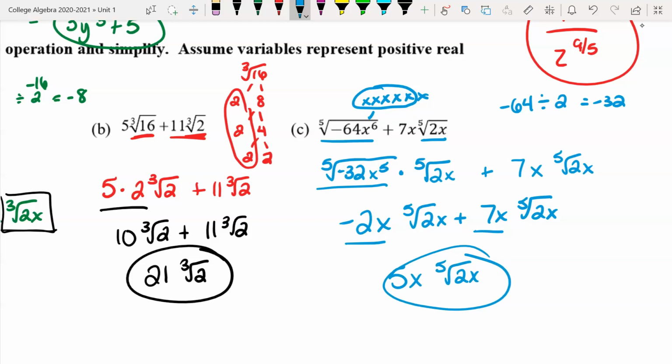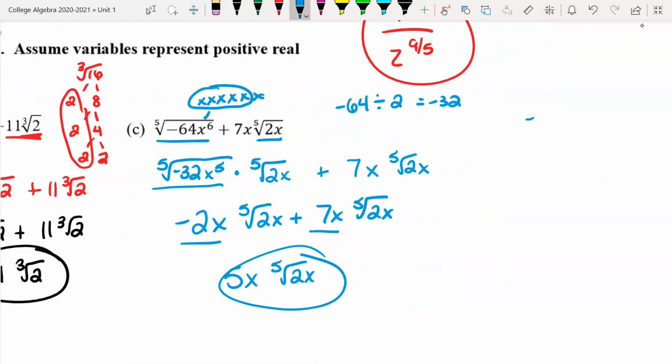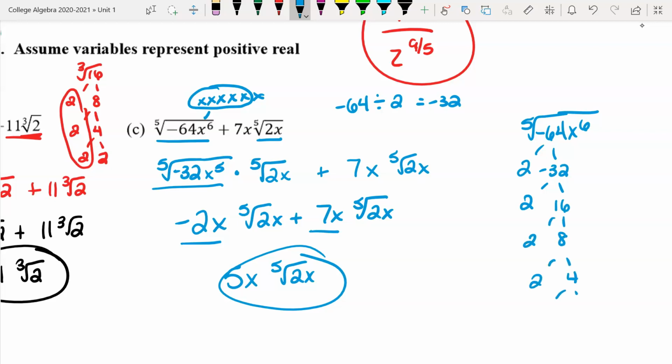Okay, another way to break these down, guys. So if I did the fifth root of negative 64 x to the 6, you're looking for a group of 5. So let's say we did negative 64 down to 2 and 32, 2 and 16, 2 and 8, 2 and 4, 2 and 2.